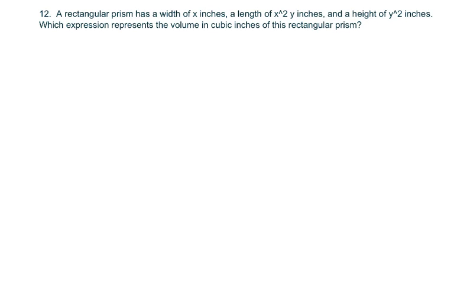On 12, I had to look up the formula for prism, and they're talking about volume. So when I looked it up, you get volume for the prism is big B times H. Well, the big B represents the base of the prism. In this case, it's a rectangular prism. So the area of the base of a rectangle is length times width.